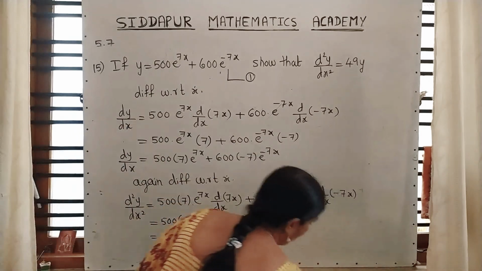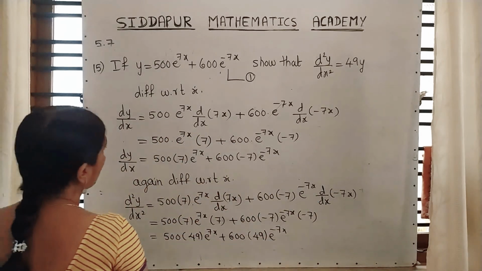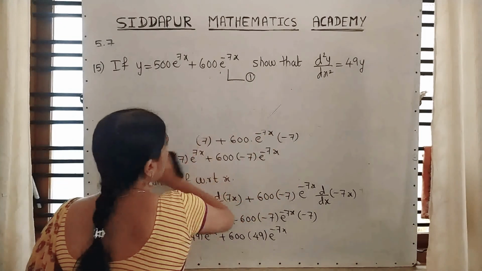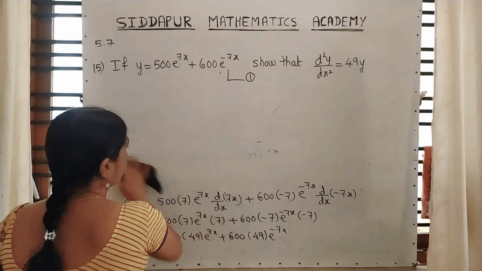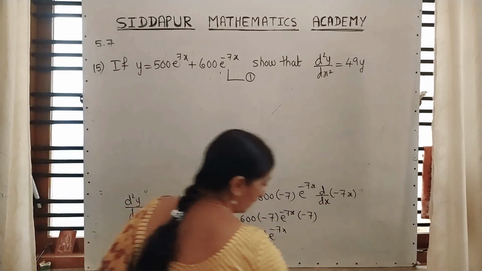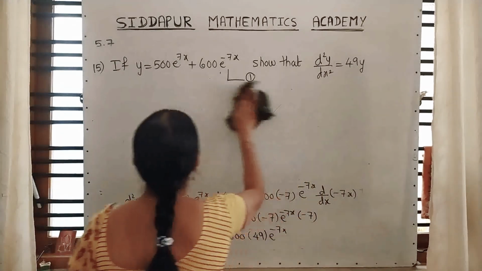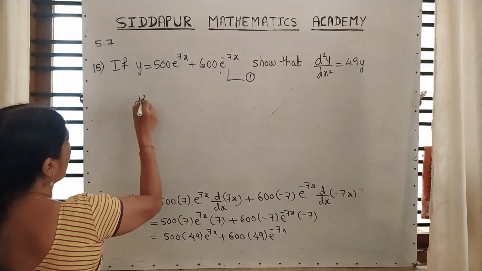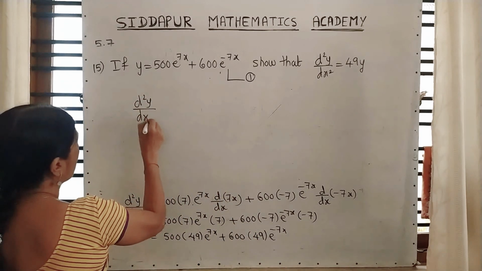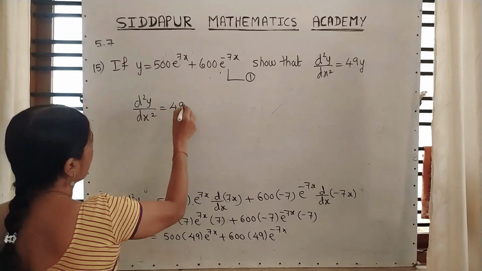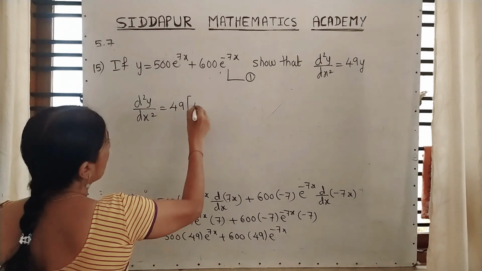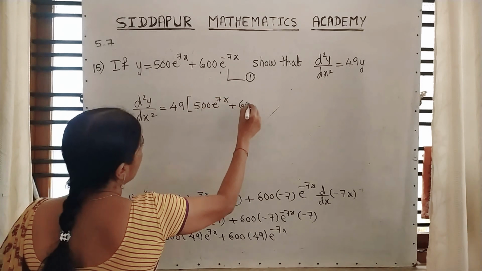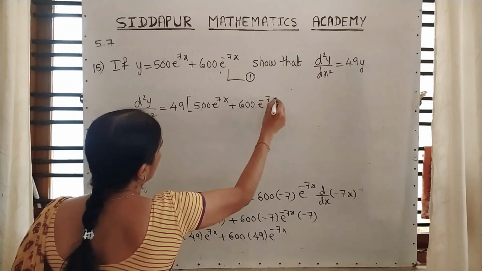Now I am taking 49 common in both the terms. d square y upon dx square is equal to 49 common in the bracket: 500 into e raised to 7x plus 600 into e raised to minus 7x.